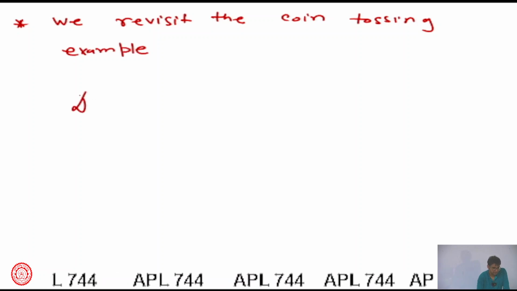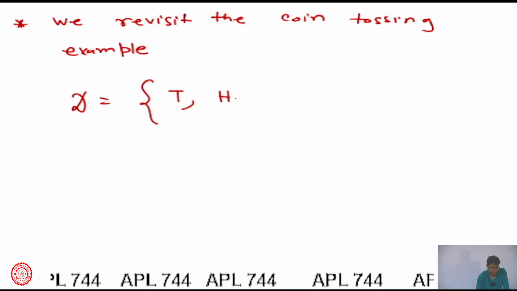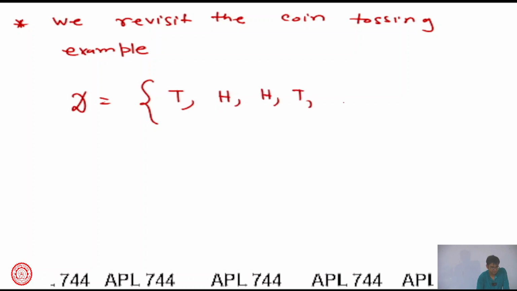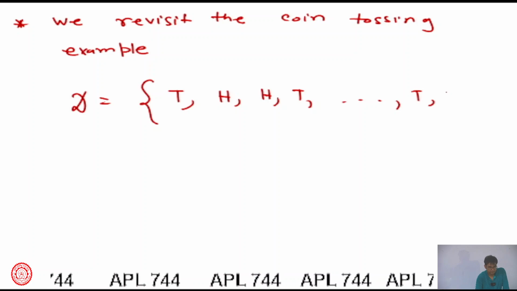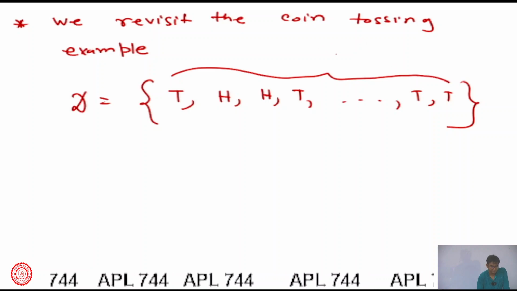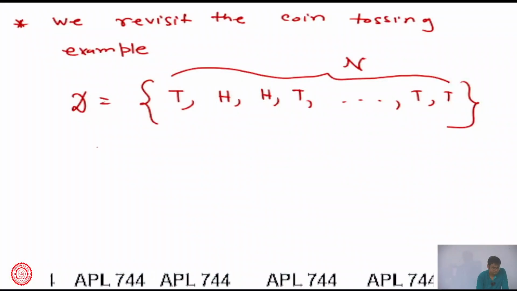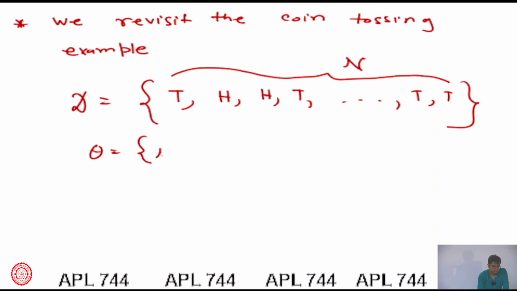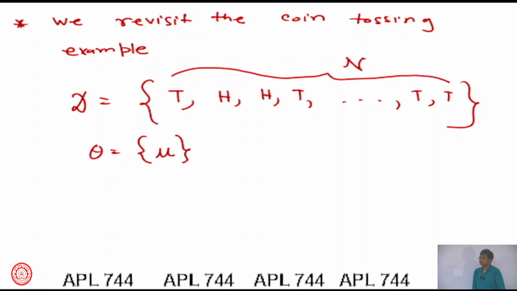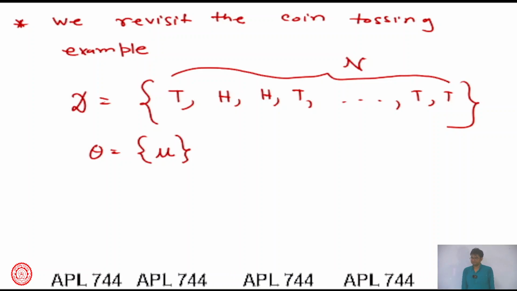My data in that case was, I forgot, but let us say I will write something. And I have n such measurements. What is my theta here? Theta is equal to mu. N is just a number, the number of times I have performed the experiment.